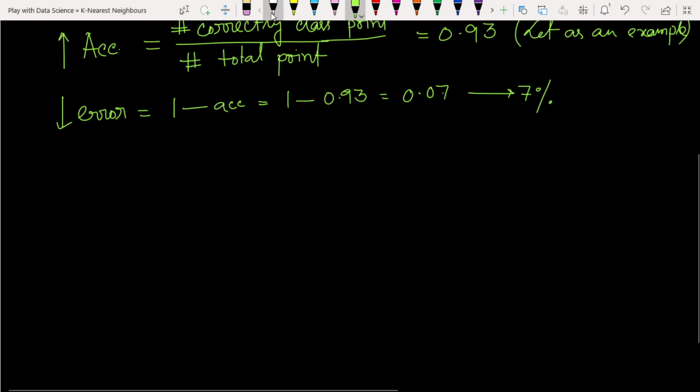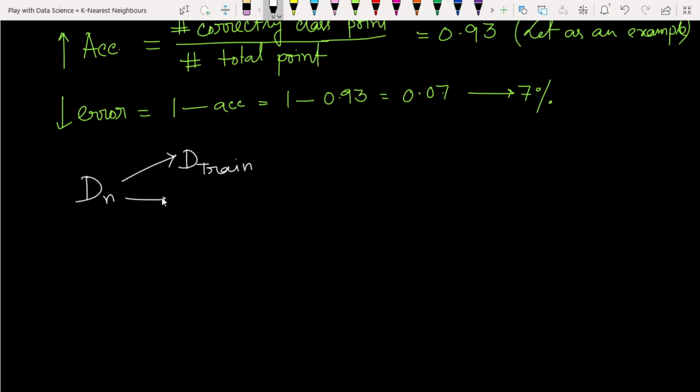Now if you look at our dataset, say we have a dataset D_n, then in cross validation we have to partition this data randomly into the train, the cross validation, and the test sets.